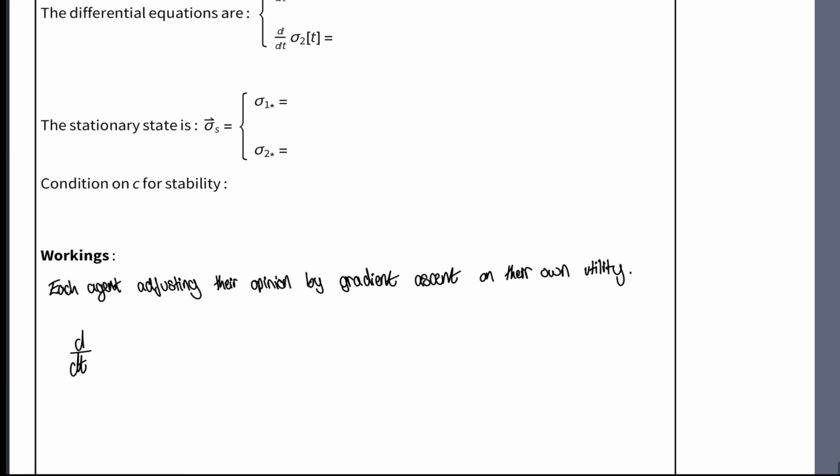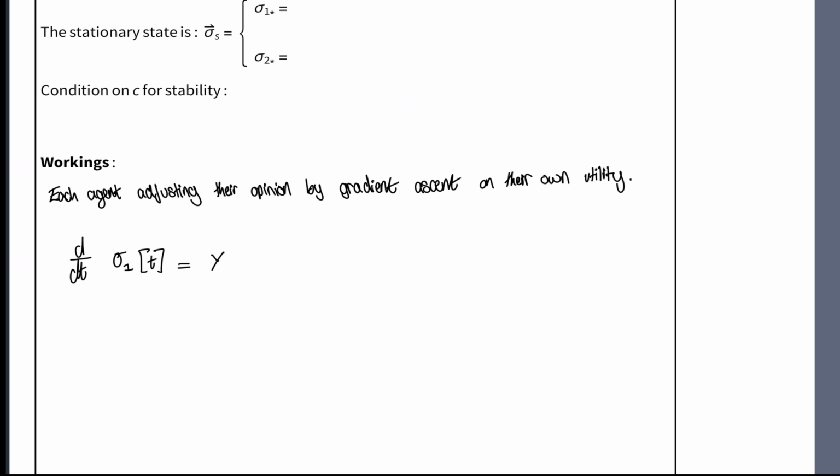The function sigma 1, which is a function of t, being differentiated by t, is going to be equal to that learning rate, gamma, multiplied by the utility function of the first agent, which is being partially differentiated with respect to sigma 1. And that's just me writing this in mathematical terms.